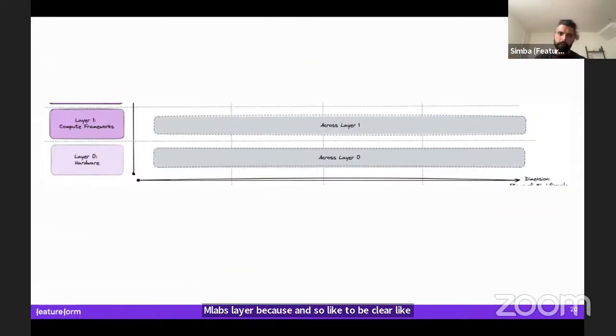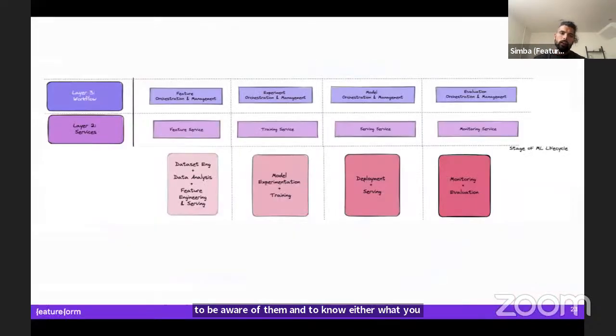AWS is not MLOps specific, but we build on top of these things, so it is important to be aware of them and to know either what you already have here or to choose the right one for you. This layer is extremely specific to ML, from the data side to experimentation to deployment and monitoring. Each of them has different tools, and I will name a lot of those tools.